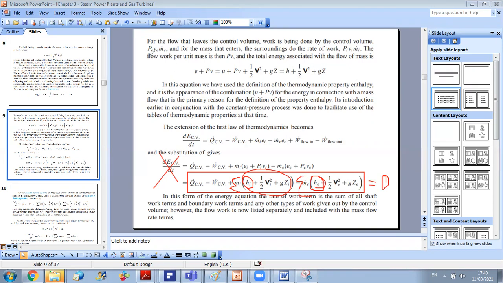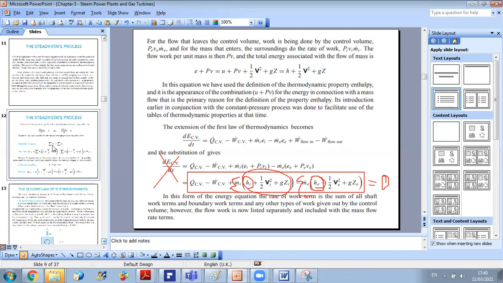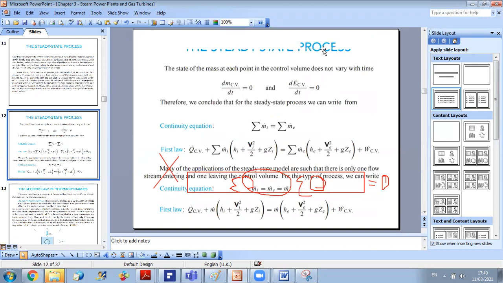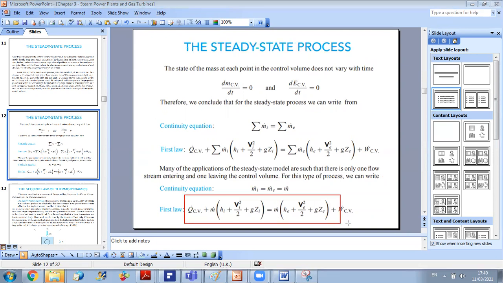So the most used equation, especially in cycles, is this one. It is the steady state equation with one inlet and one outlet, okay, which is this one. So it is the most used one, but of course, you should know that if I have several inlets, I should do the summation at inlets, and here I will do summation at outlets, okay?